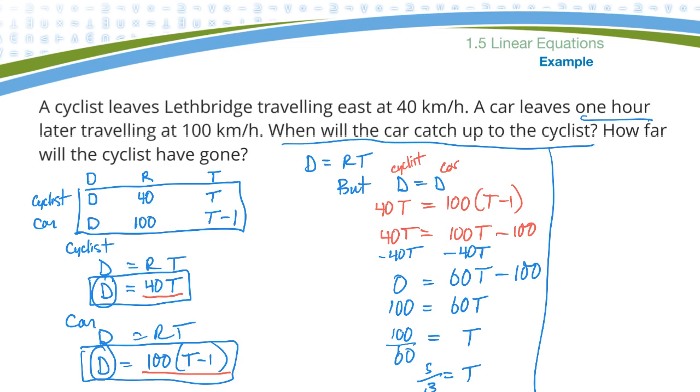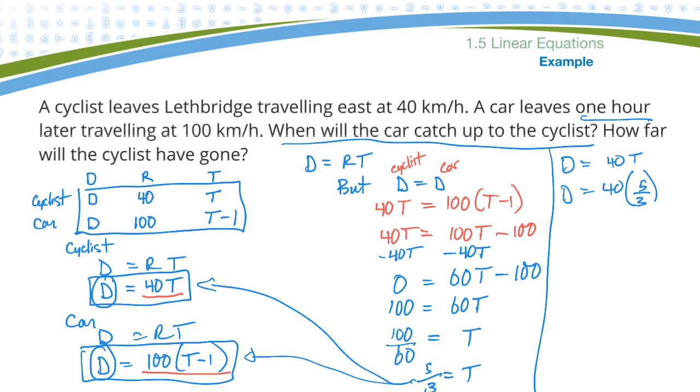Now then the question is, how far will the cyclist have gone? Well, I can use that 5/3 and I can plug it into that formula or that formula, and that'll tell me the distance. Let's plug it into the first one, 40t. So the time is 5/3. So it'll be 200 over 3.